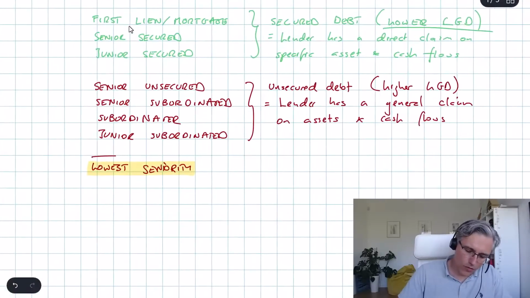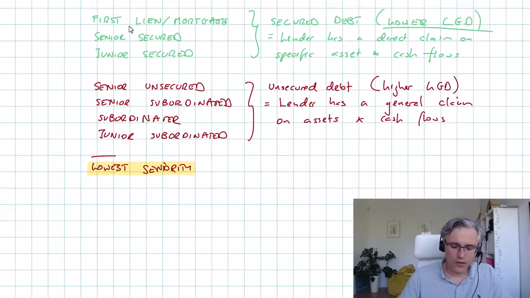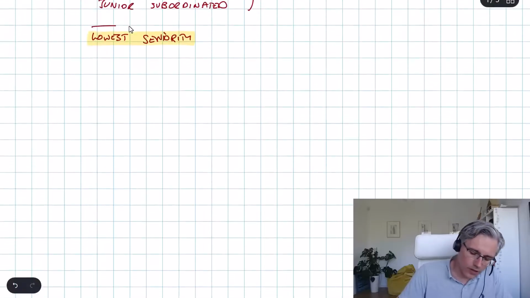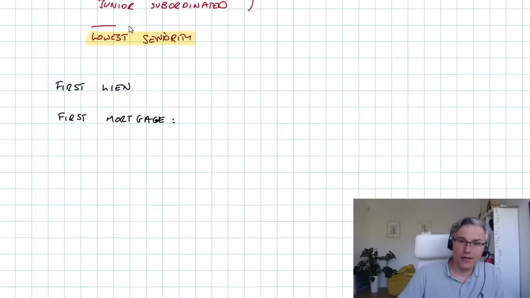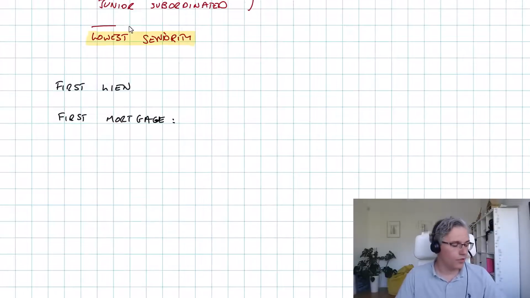Let me start off at the very top, first line or mortgage. What does that actually imply? It's not a name that we've been mentioning much at all. So first line and first mortgage. For those of you who are not native English speakers, and I definitely am not, this word line may be confusing.